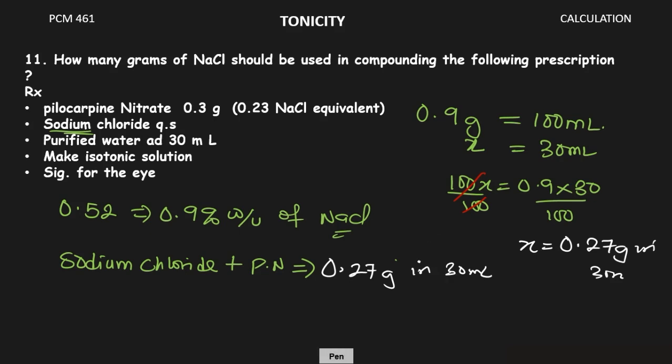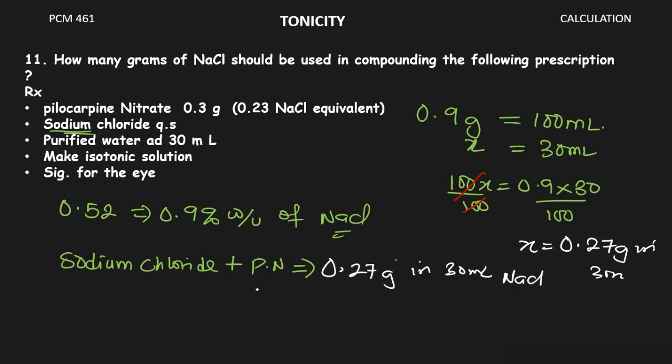0.27 in 30 mil. Now, what you are looking for is how much sodium chloride you are going to add plus pilocarpine nitrate that will give you this. But we don't know sodium chloride. We don't know pilocarpine nitrate. But if we are able to get the gram equivalent of pilocarpine nitrate, we will be able to calculate for that of sodium chloride, because what you have here is also sodium chloride.